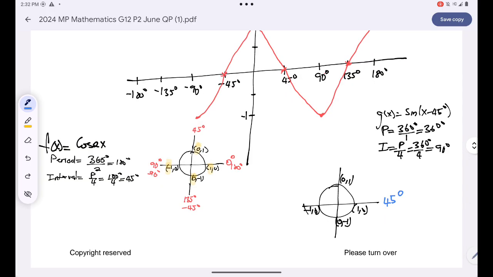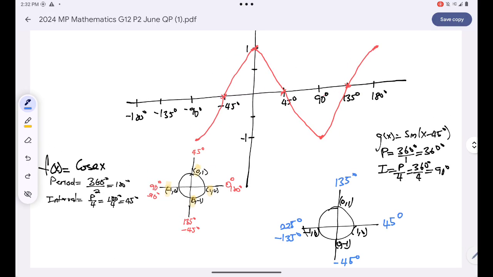Are we together? So for my positive angles, I just need to keep on adding the interval. So 45 plus 90 is just 135 degrees. 135 plus 90 is just 225 degrees. And then 45 minus 90 is just negative 45. Negative 45 minus 90 is just equal to negative 135 degrees.